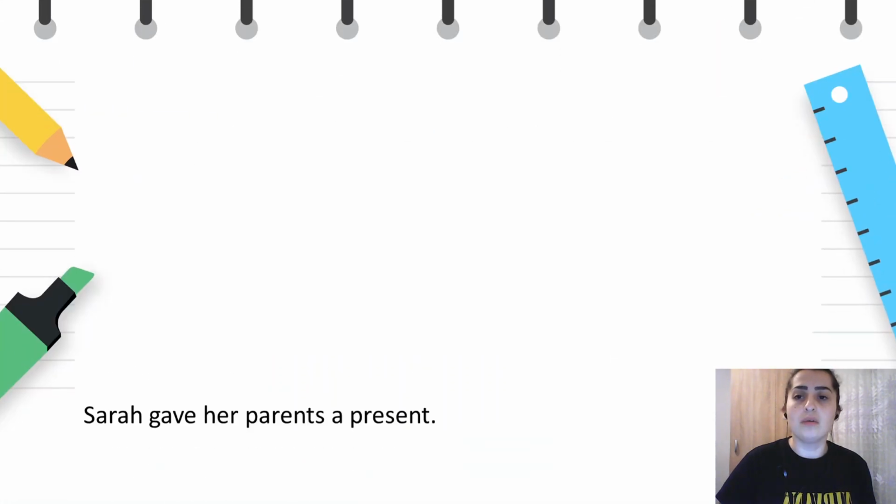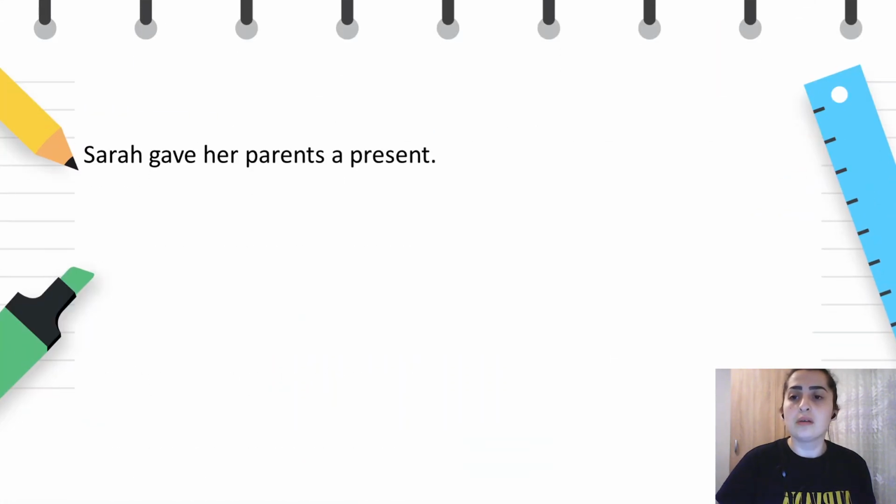Now let's go on to the next example. Sarah gave her parents a present. First, find two nouns as well, two specific persons or objects. We have Sarah and her parents. Which part here is the subject and which is the object?